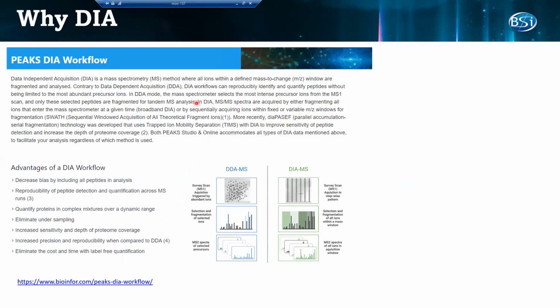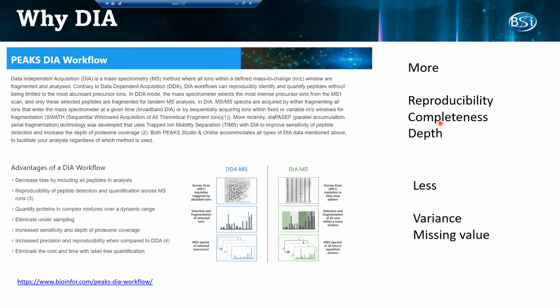Basically, I think there are some advantages for DIA acquisition. On our BSR website, we also list some of the features and advantages of DIA. But in short, DIA gives us more reproducibility, data completeness, and, due to the sensitivity, more protein coverage, or sometimes we call it sequencing depth.